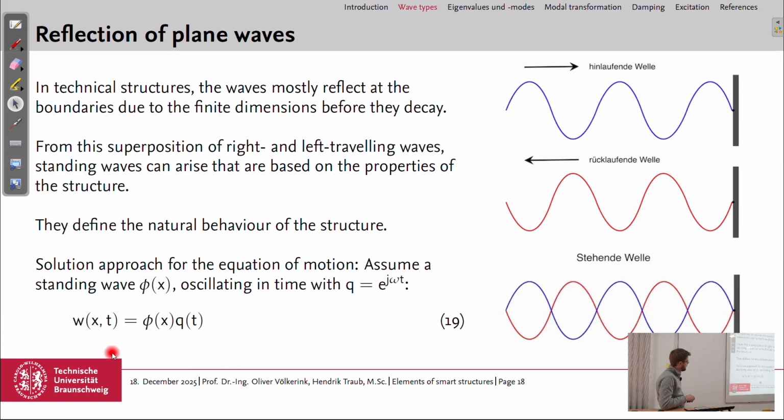So this is the deflection of the eigenmode. The first derivative would be the rotation. The second would correspond to the bending moment, and the third would correspond to the shear force. This is important because the assumption of standing waves, and with this the solution approach with this separation ansatz, are the basis for the following vibration control.